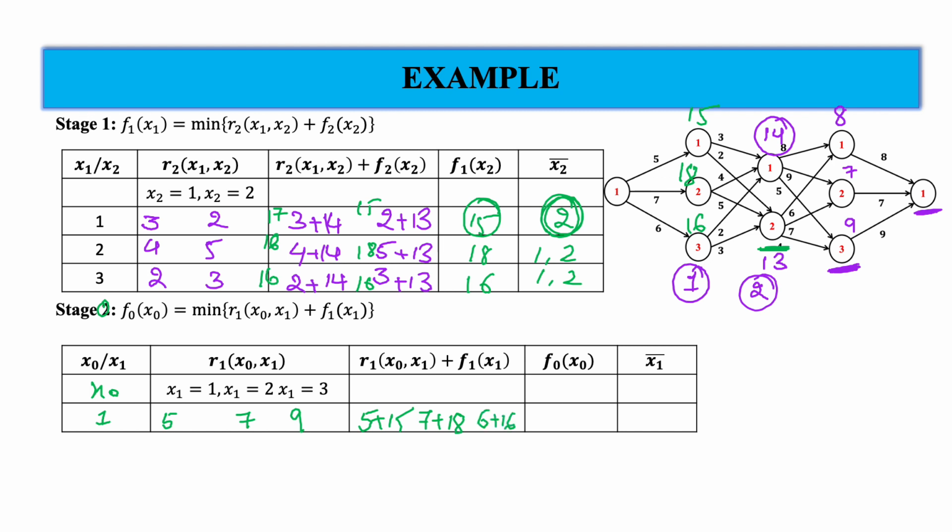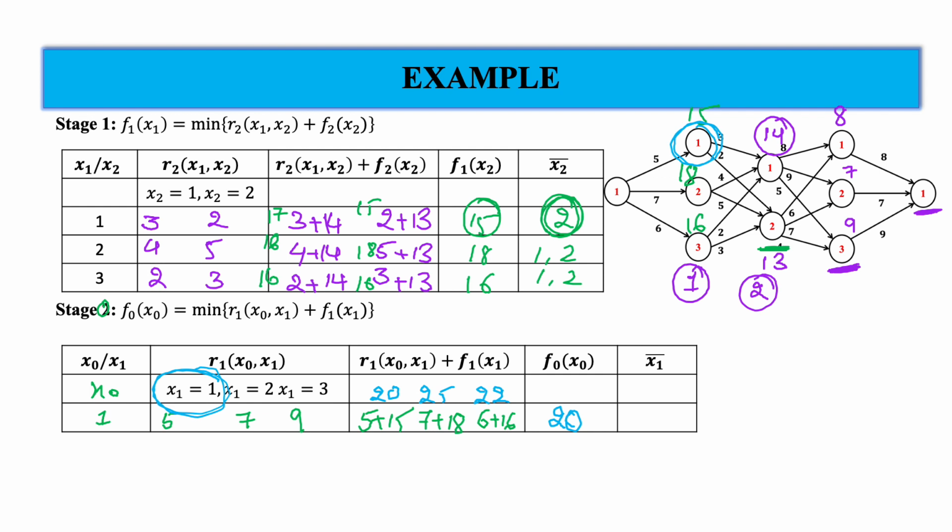What are these values? It's 20, 25, 22. Out of them the minimum is 20 and the x1 value is 1. So the optimal point is 1, and in this stage you have only 1 node.